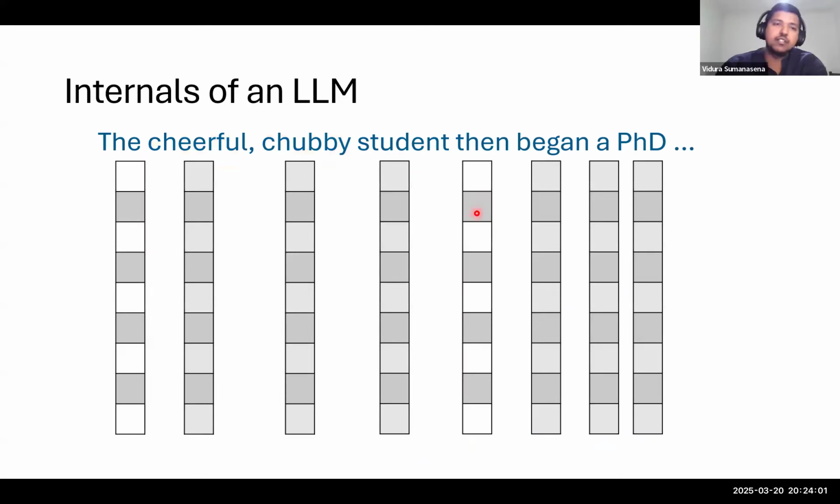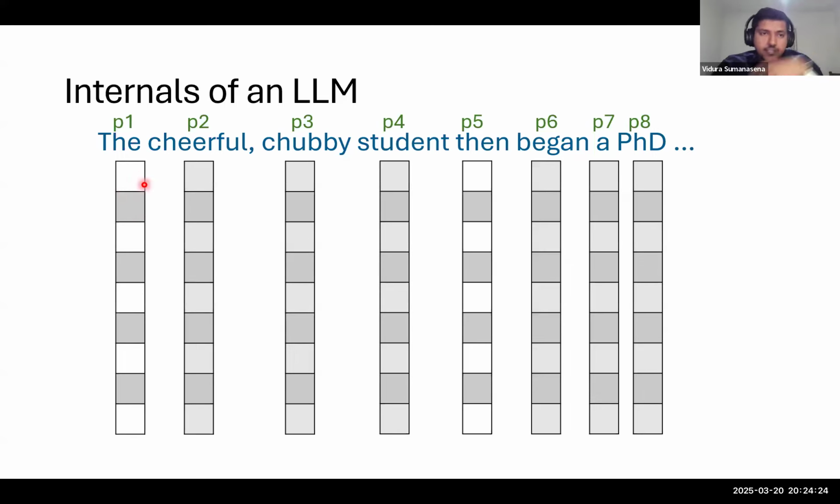The first thing a large language model does is give each of these words a vector representation, or embedding. This is fixed for each word. You can think of these as tokens, but for simplicity, let's look at them as words. Different words have different embeddings.